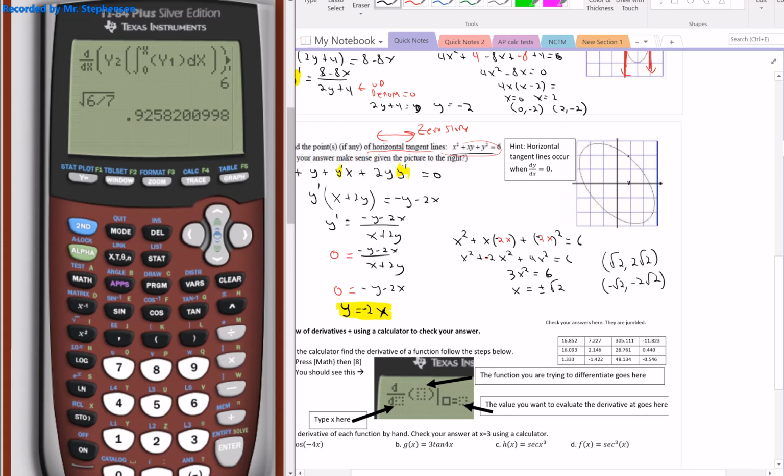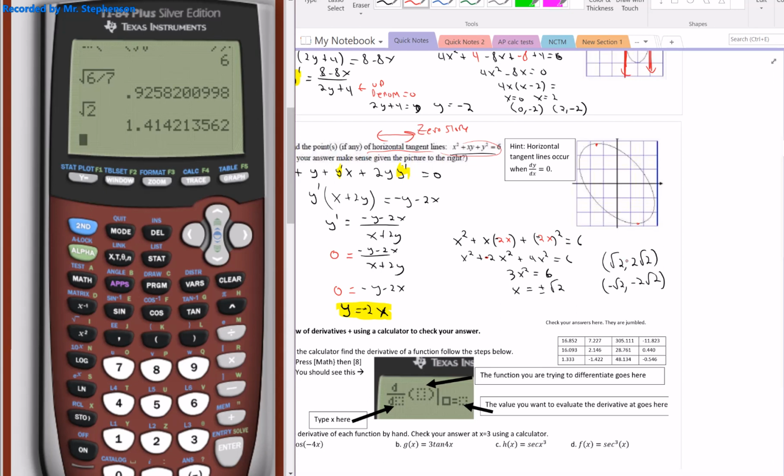The reason I caught that is, looking at the point here, obviously there's no horizontal tangent line there. Where visually are the horizontal tangent lines? Well, they're here and down here, and so that's what I should be getting. So let's try this now in our calculator. What do I get if I do square root of 2? That's about 1.4. This one's negative and this one's positive because it's negative 2x.